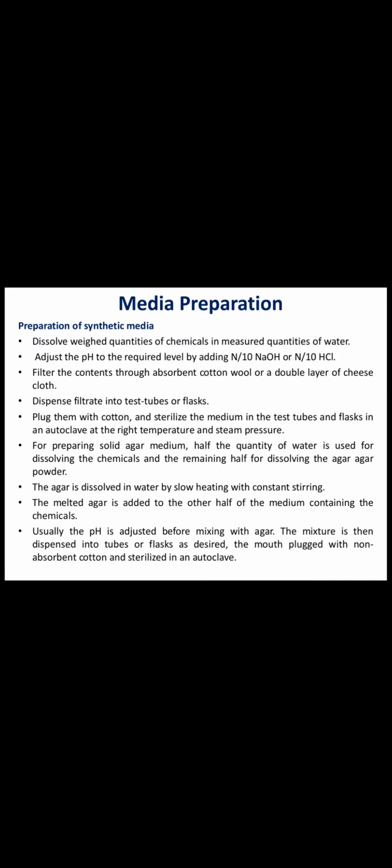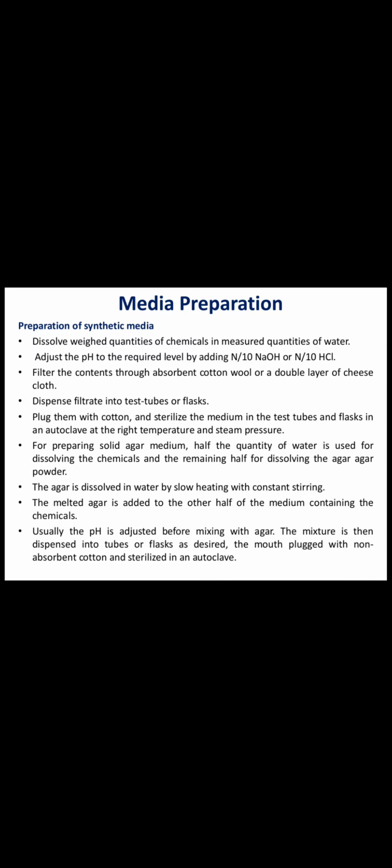For preparing solid agar media, take half the quantity of water and dissolve the chemicals, and the remaining half is for dissolving the agar powder. The agar is dissolved in water by slow heating with constant stirring. We have to stir the agar media constantly, otherwise it will burn.